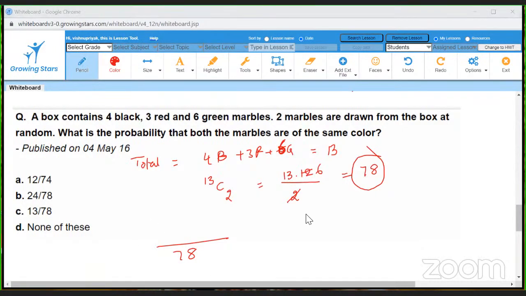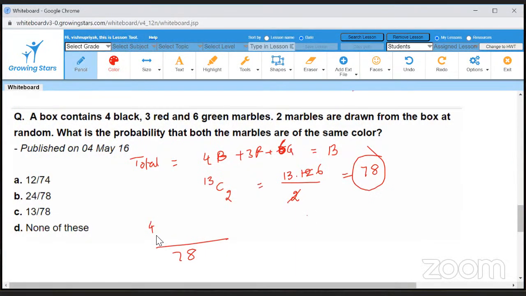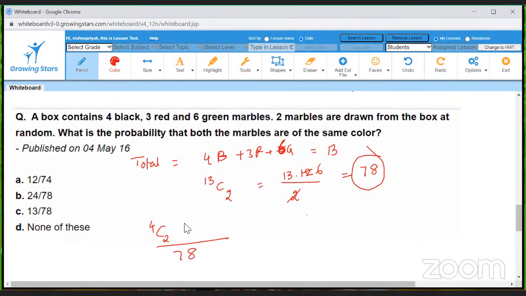Same color means from black, you have to select 2, both will be black. Or from red, you have to select 2, both will be red. Or from green, you have to select 2, both will be green.